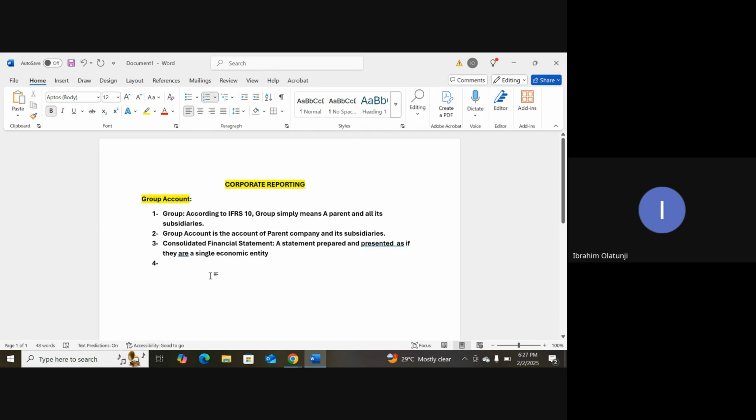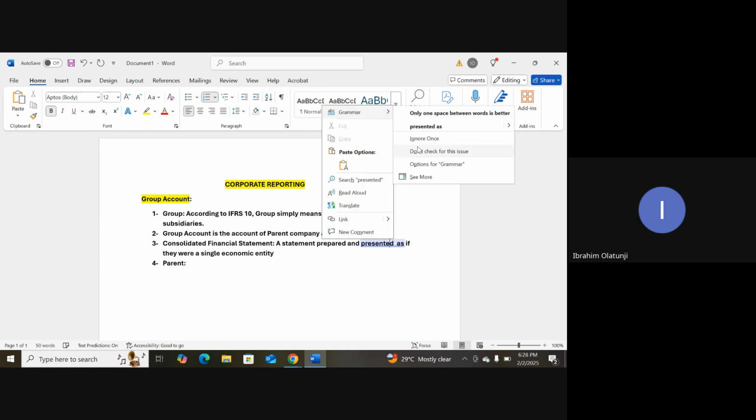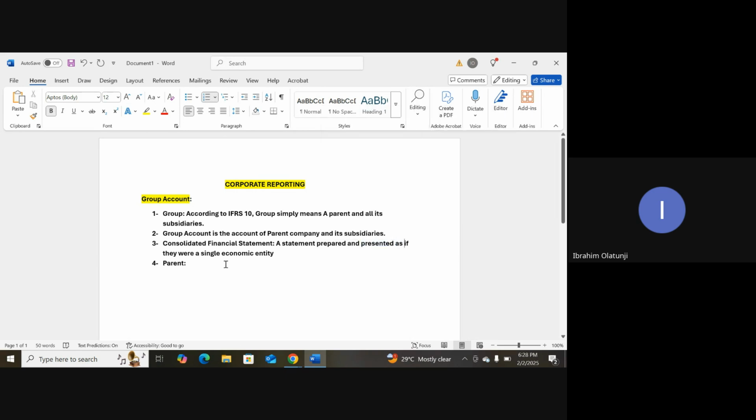Then another thing that we can also think of is the parent. So what is a parent? Based on what we are saying, a parent is an entity that controls one or more subsidiaries.